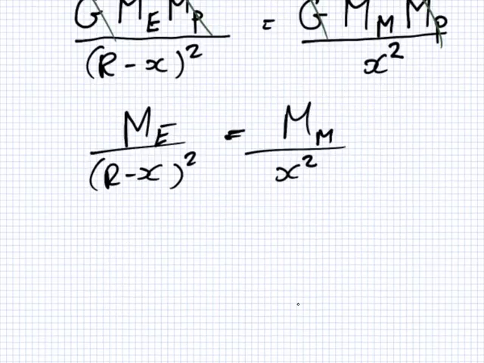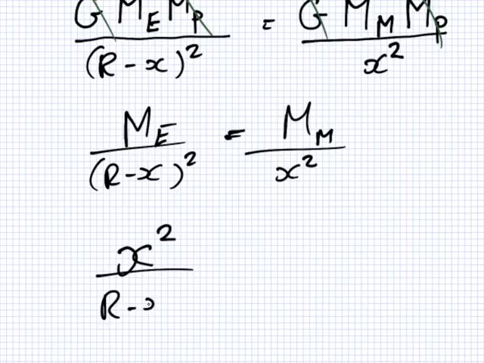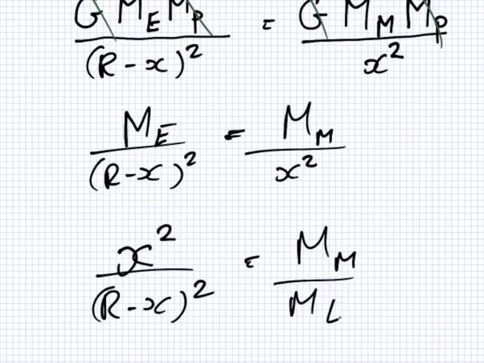I'll multiply across, so I get x squared over r minus x squared equals mass of the moon divided by mass of the Earth.